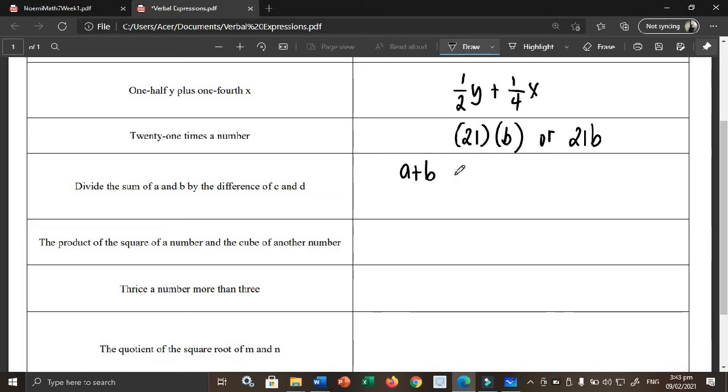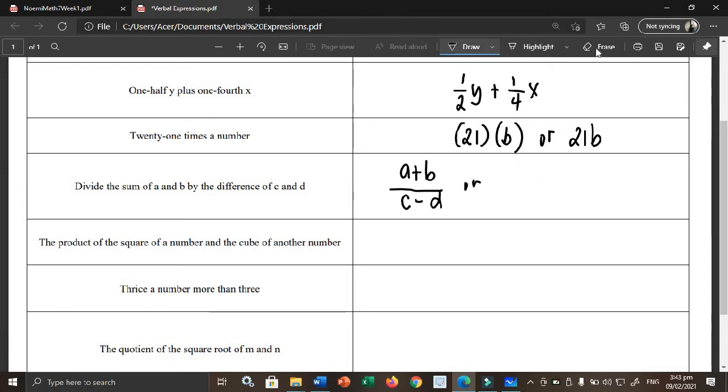Over your denominator or your divisor. Yung divisor mo is difference of C and D. So when we say sum, it involves addition. When we say difference, it involves subtraction.